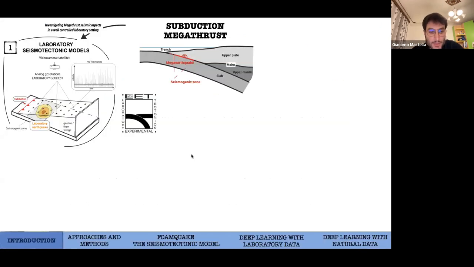The talk is going to be divided mainly in 3 parts. During the first part, I'm going to introduce a novel seismotectonic analog model of the megathrust seismic cycle that we have developed at the Experimental Tectonics Laboratory at the Roma Tre University, and I'm going to show you some experimental results that we obtained.